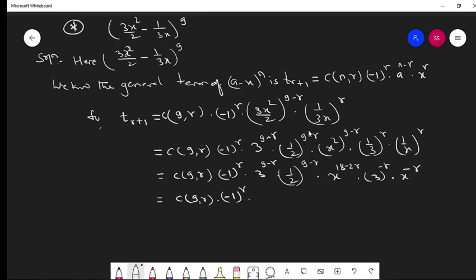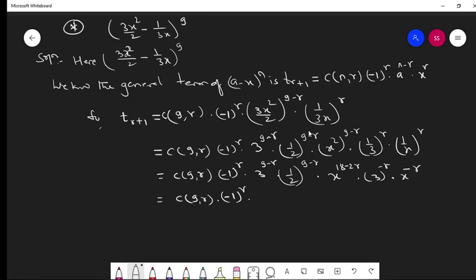Then, dear students, we have to suppose this. Then what will you get? x to the power 18 minus 3r equals x to the power naught. That means 18 minus 3r equals 0. This implies r equals 6.